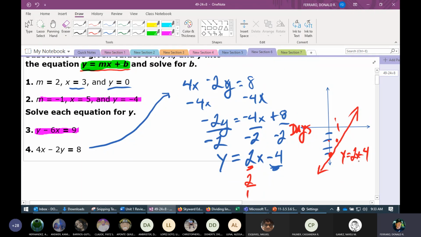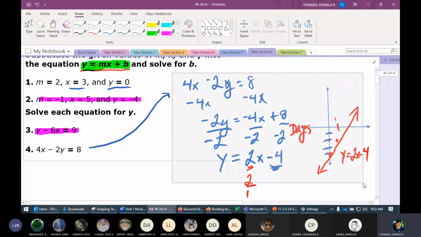Let's say I want to know what the value of $200 is going to be in a year's time. I would just say 2 times 200, because that's the x value. So 2 times 200 would be 400 minus 4, and so the investment that I made would be worth $396. And that's a real life example.